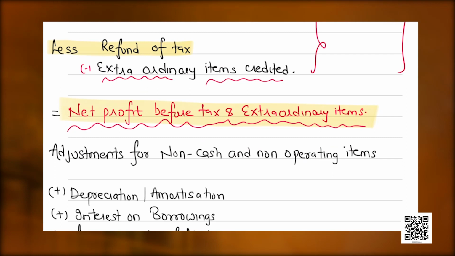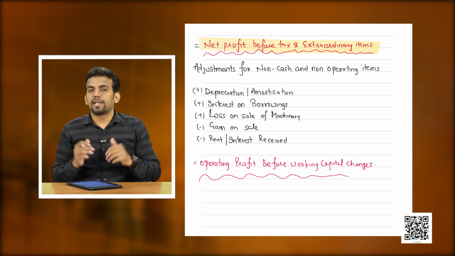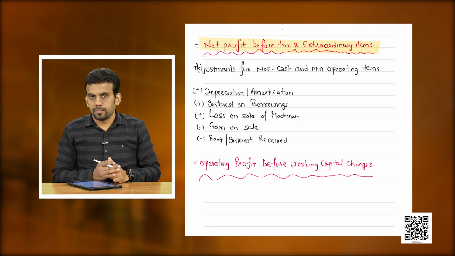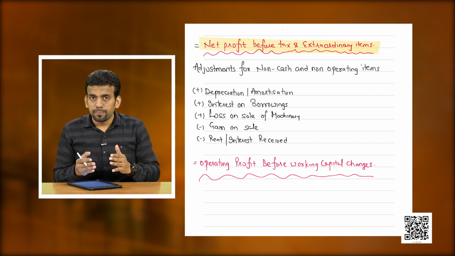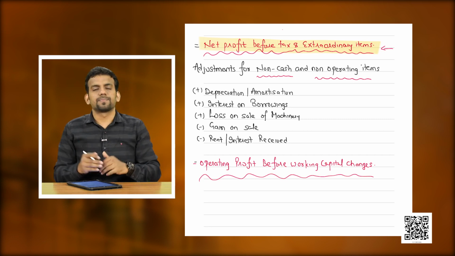Now, to calculate operating activities, the second step is to calculate operating profit before working capital changes, and we would continue the same thing. As you arrive at net profit before tax and extraordinary items, you have to make certain adjustments for non-cash and non-operating activities.